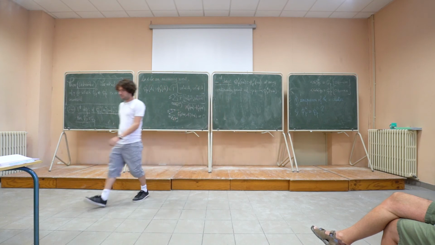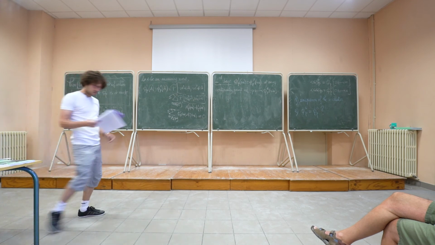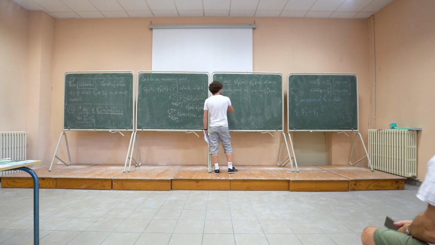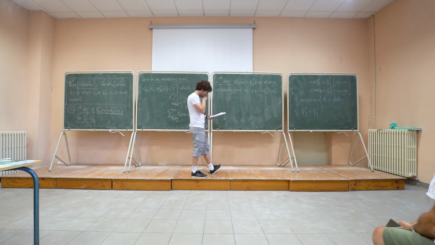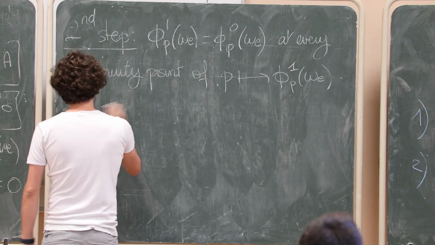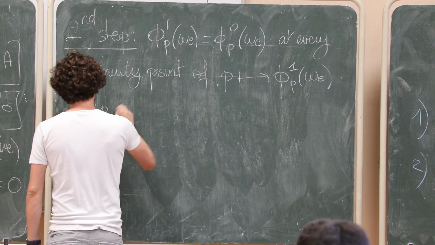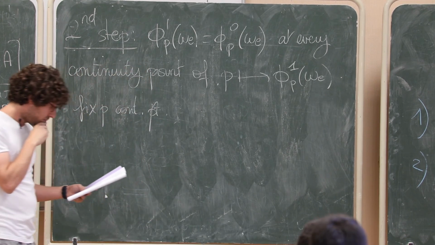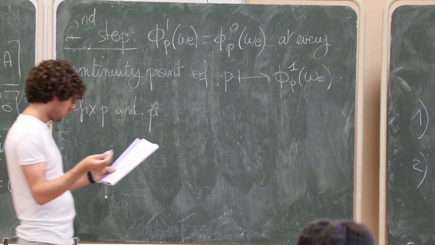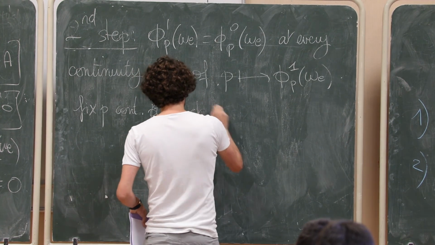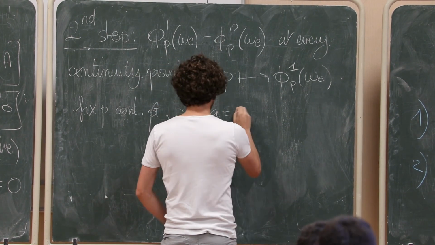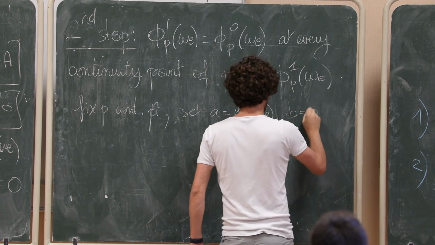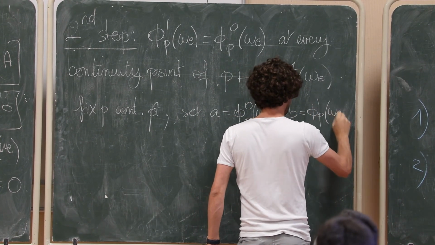So let's fix a continuity point, okay? Fix p a continuity point, and set A to be phi 0 p of omega e, and B to be phi 1 p of omega e.